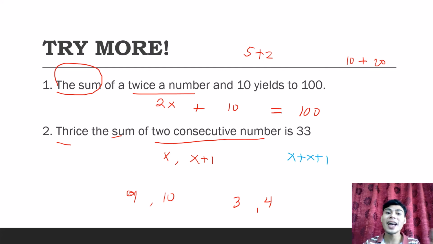But, it's thrice. Ang nasolve pa natin is sum of two consecutive number, but it's thrice of this. So, 3 times that. So, thrice the sum of the two consecutive number is, that's equal sign, 33.